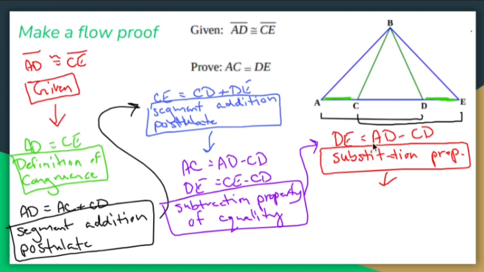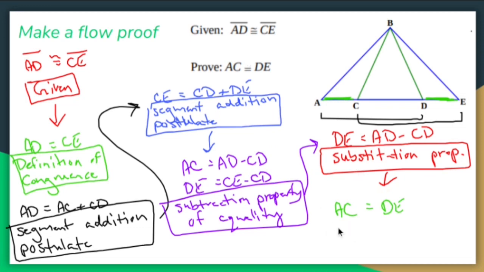Now that I know that DE is AD minus CD, and AC is also AD minus CD, that means that AC and DE are the same. AC equals DE. And I could use the transitive property. I could use the substitution property.